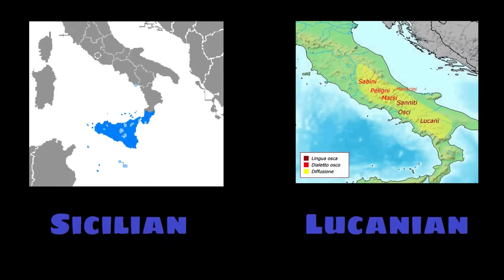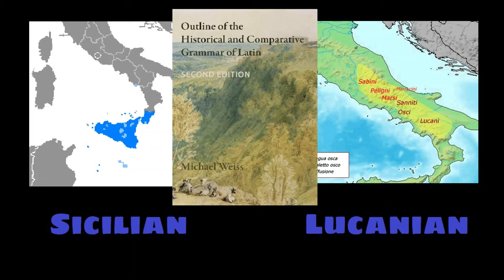Michael Weiss makes this argument from an analysis of the Sicilian and Lucanian languages, since these are very conservative languages. He thinks these languages are evidence that the long and short vowels in Latin differed only in length and not in their sound quality, as is traditionally taught. There have been other similar treatises written in recent years, so it seems that the final word has not been spoken on classical Latin pronunciation.